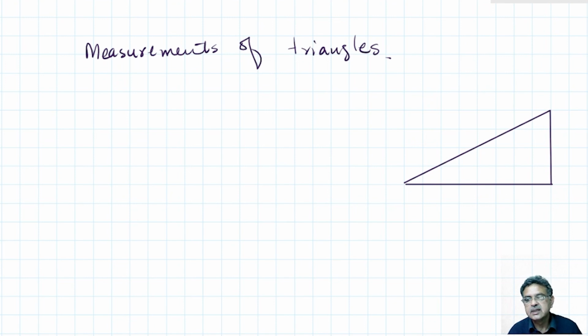So this is a right angled triangle. Simple, this angle is a right angle.